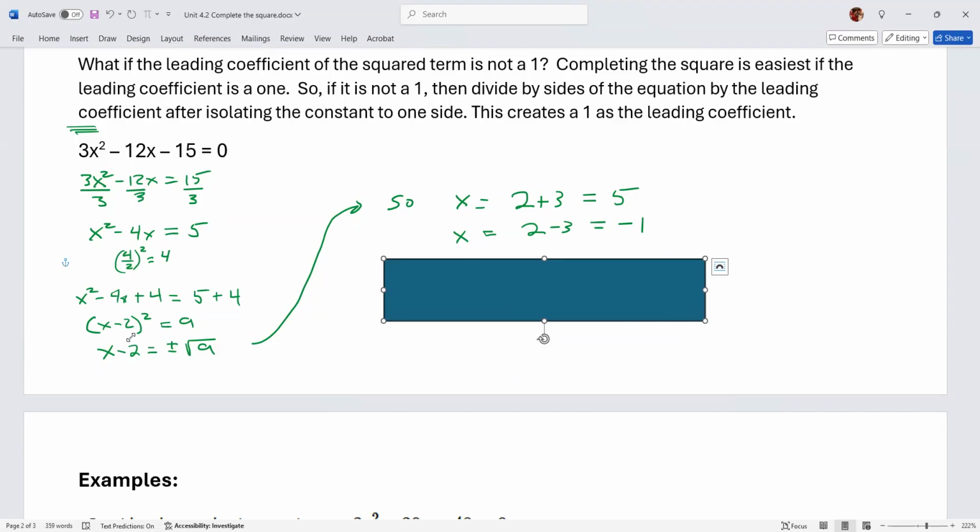Take the square roots of both sides. So x minus 2 is equal to plus or minus square root of 9. That means x is equal to, by adding 2 to both sides, 2 plus 3, which is 5, and x is equal to 2 minus 3, doing the plus minus 3, the result of the square root of 9. So here are my two solutions right here.